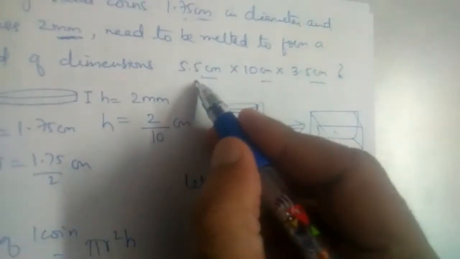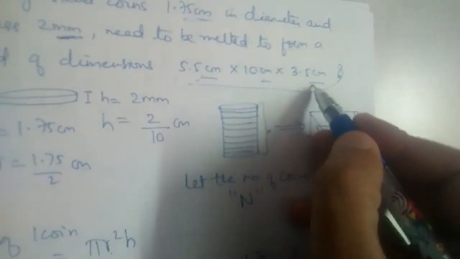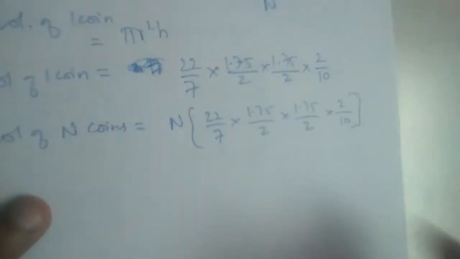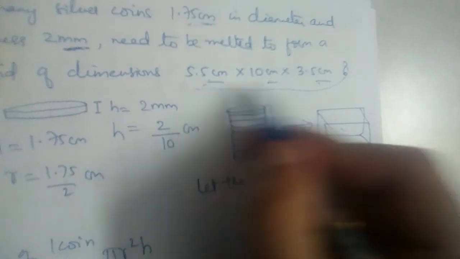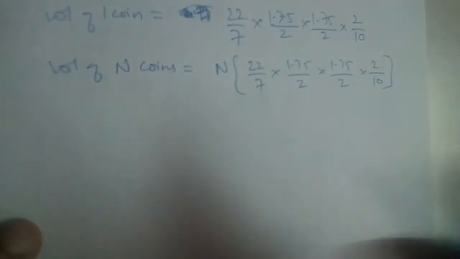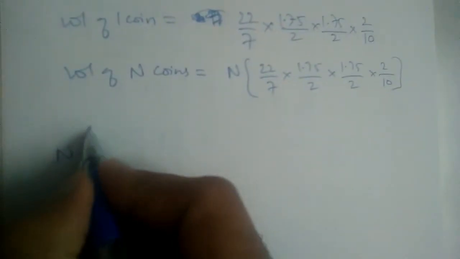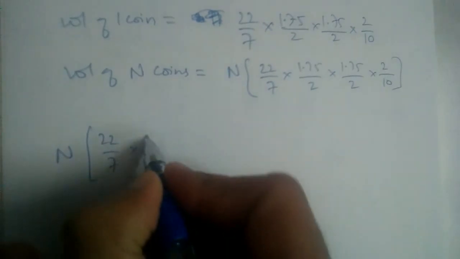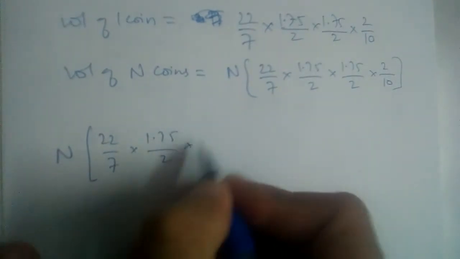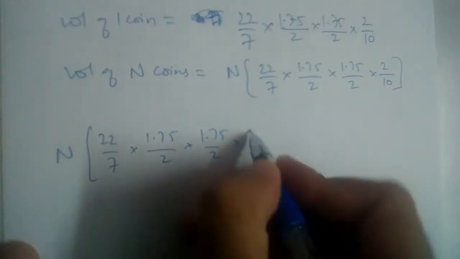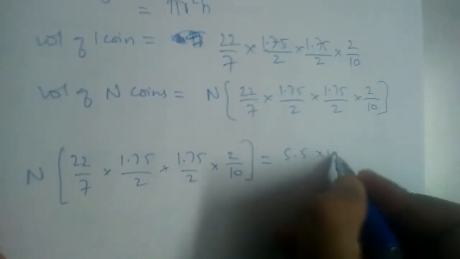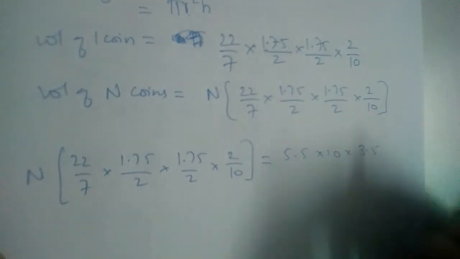Volume of cuboid is how much? L into B into H given. So let us equate this with this one. Now we have n into 22 by 7 into 1.75 by 2, 1.75 by 2 into 2 by 10 is equal to 5.5 into 10 into 3.5.